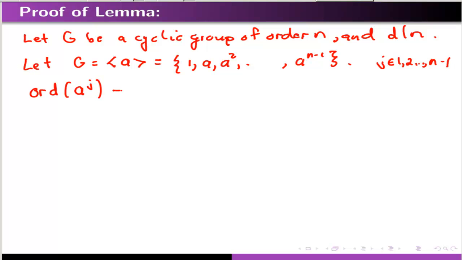Well, we proved a theorem that said the order of a to the j is the order of a, which is n, divided by the GCD of these two.